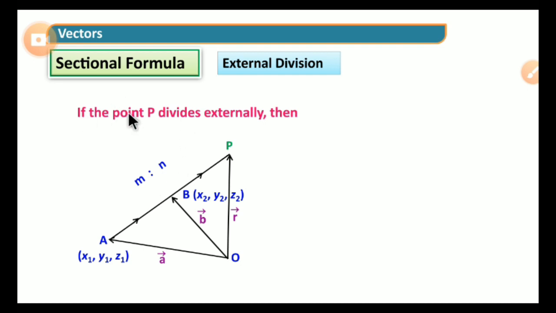Therefore, if the point P divides externally, then we have r equal to m into b vector minus n into a vector divided by m minus n. This is the statement of the external division section formula. Here the proof is not needed. It is better to just remember the statement of this section formula.